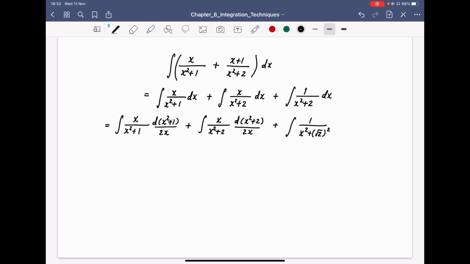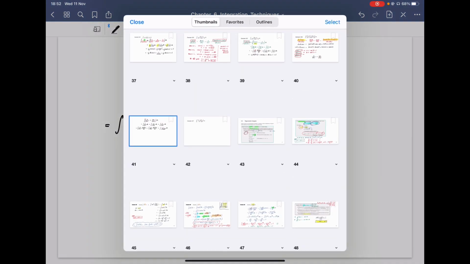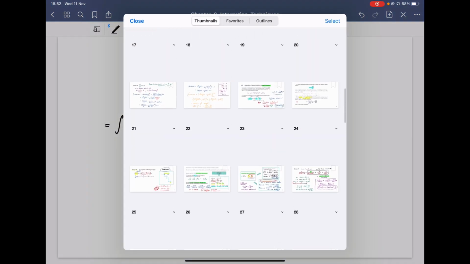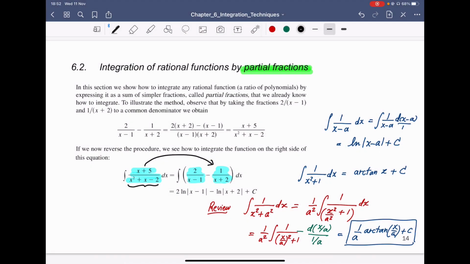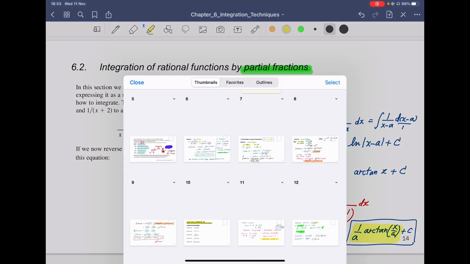And then you can use the formula for arctan. If you remember the one that I just told you in class, when you see the integral of 1 over x squared plus a squared, you're going to get 1 over a arctan x over a. This is what we just proved in class, so we're going to use it again on this question.